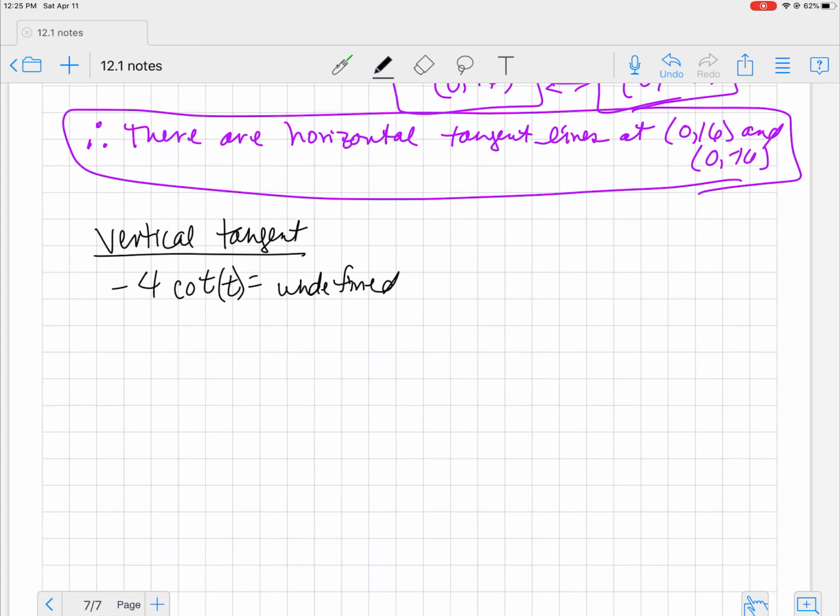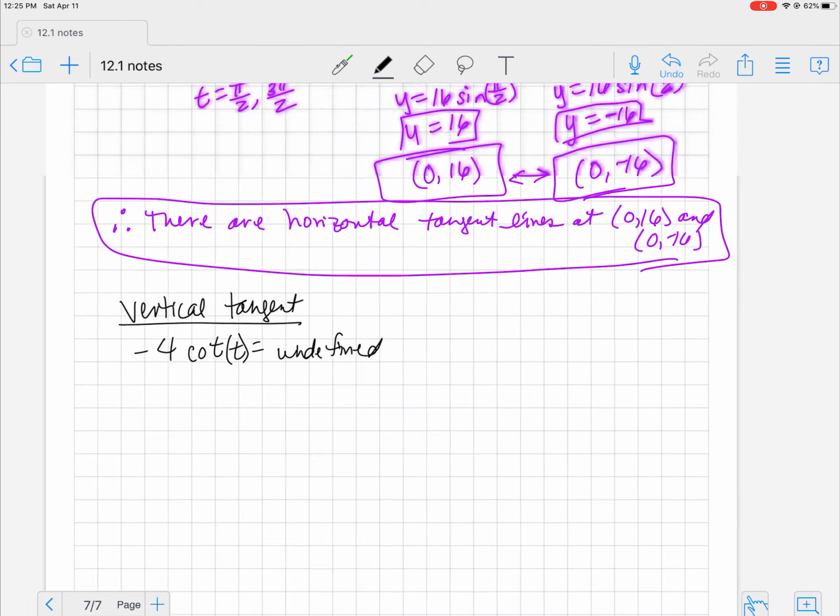Where are my asymptotes for cotangent? Also, I have asymptotes where it's undefined, so you can tell me where sine is equal to 0. That's where I have asymptotes in cotangent. So everywhere where sine is equal to 0, that is what we're going for.